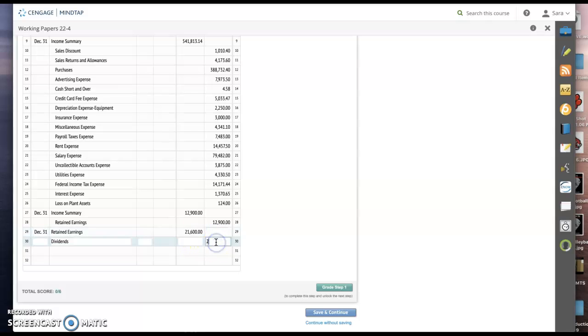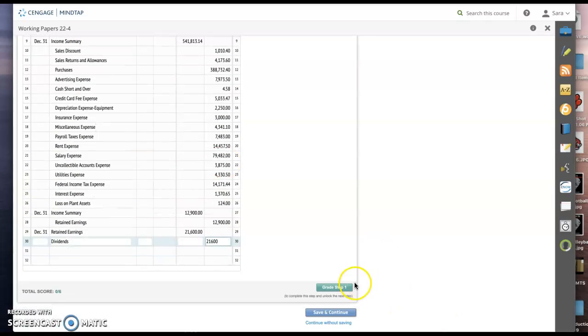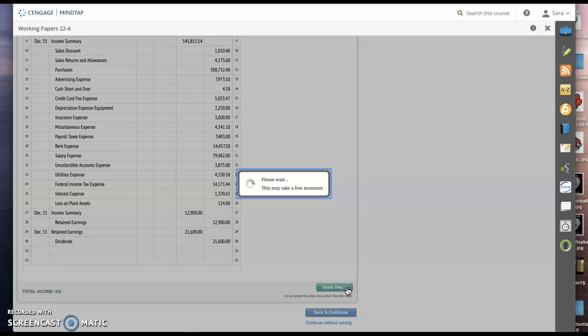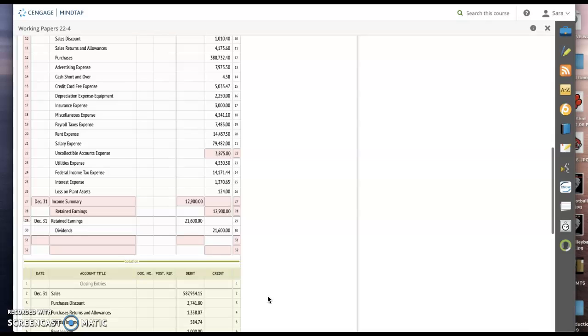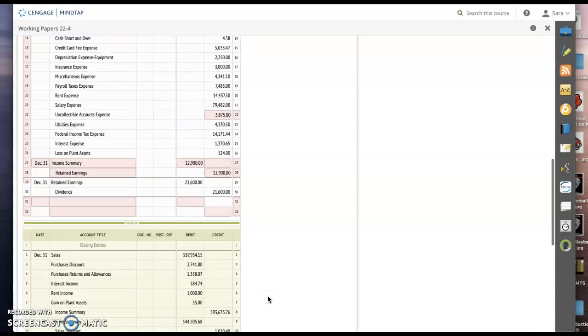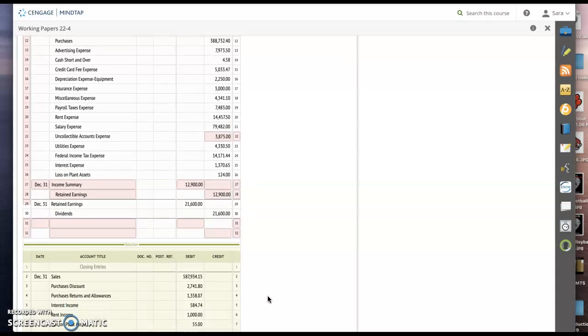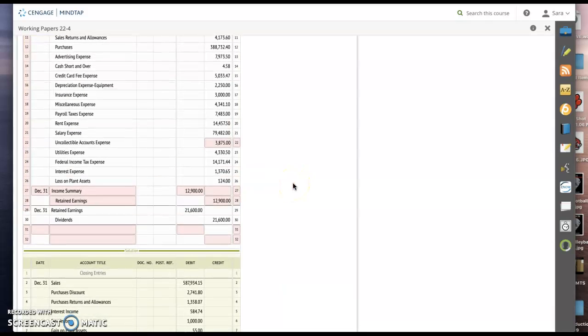And I'm hoping here when we go to grade this, since I have 2 lines left, that I didn't accidentally skip an account somewhere. So we'll go ahead and find out. Okay, so my uncollectible accounts expense number is wrong. Should be $3,675.